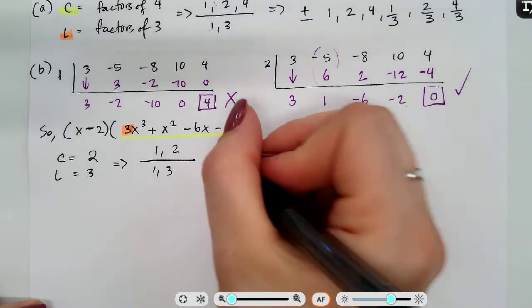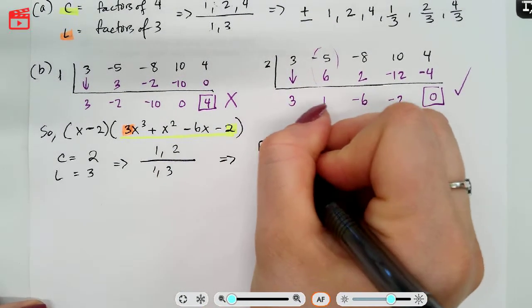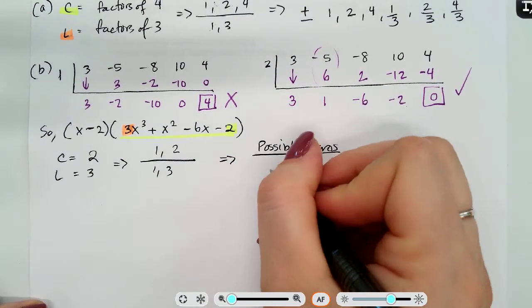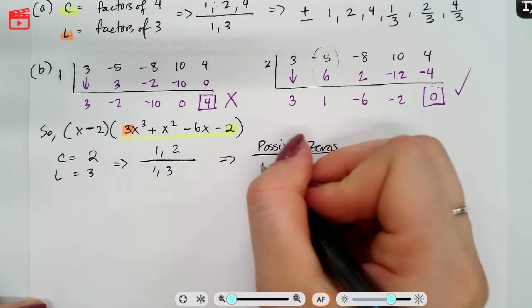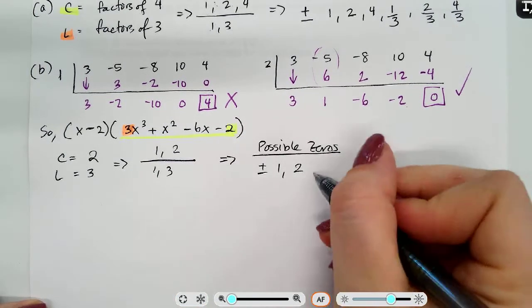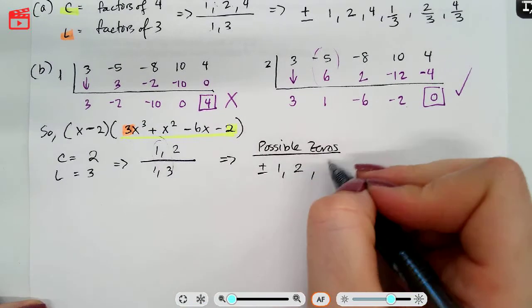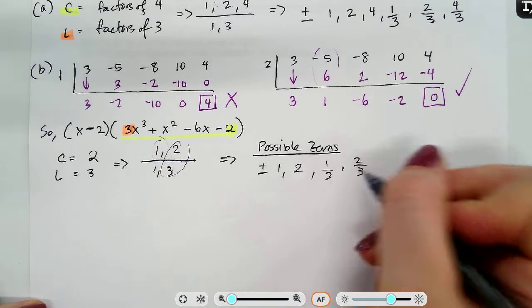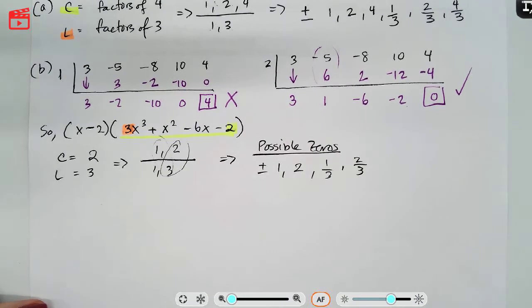So my possible zeros are going to be, I'll do the ones first, plus or minus 1, and then 2 over 1 is 2. And then let's look at the 3. 1 over 3, and then 2 over 3. Okay, so we have 8 possible zeros.